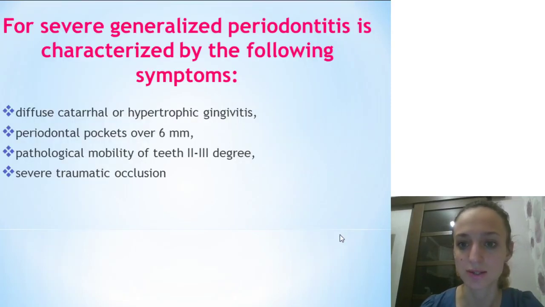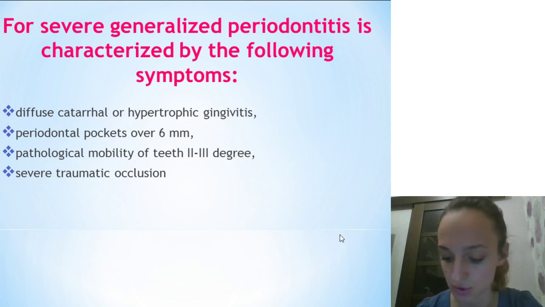Severe generalized periodontitis is characterized by the following symptoms: diffuse catarrhal or hypertrophic gingivitis, periodontal pockets over 6 mm, pathological mobility of teeth of 2 to 3 degrees, and severe traumatic occlusion.